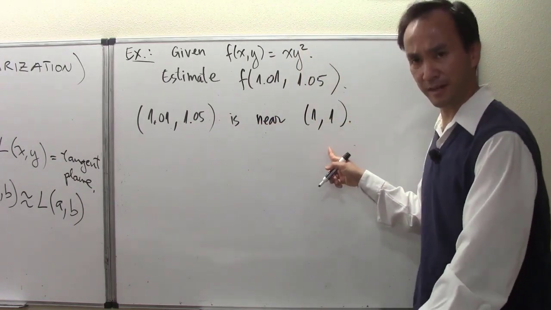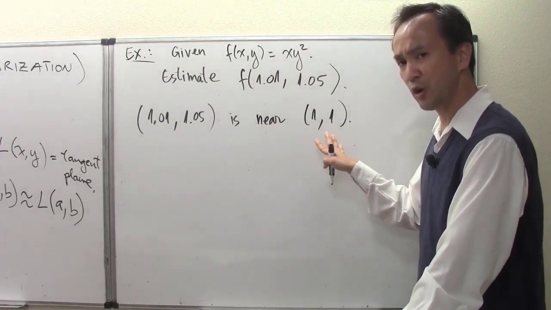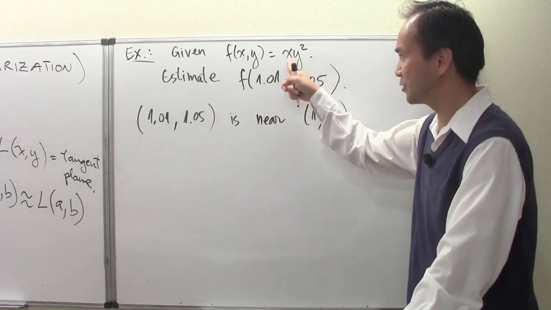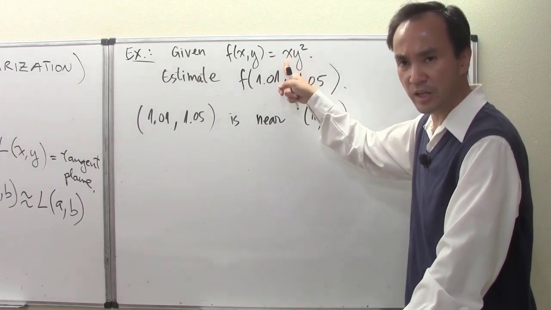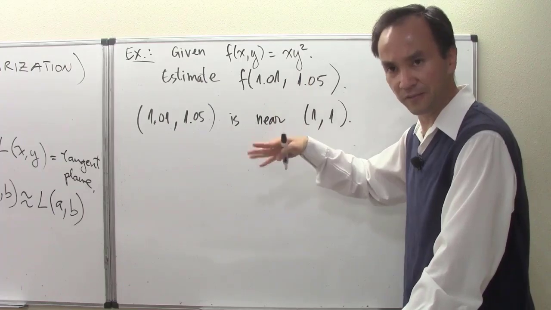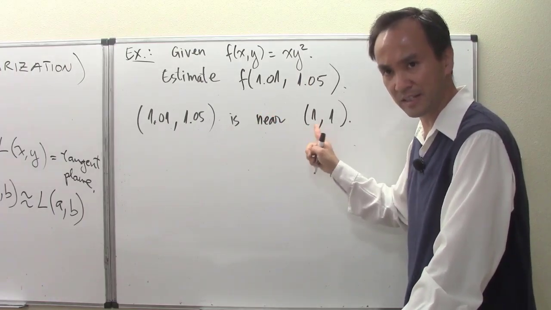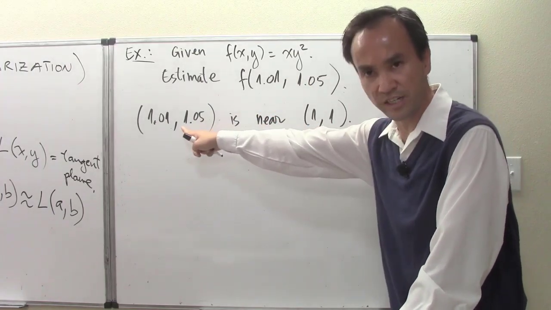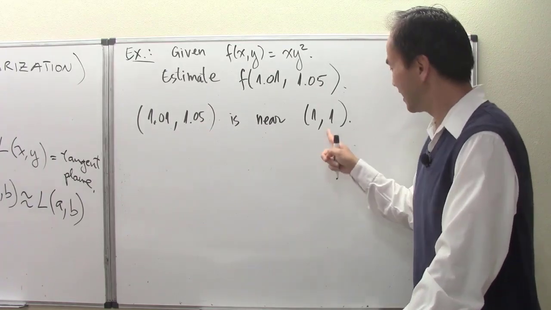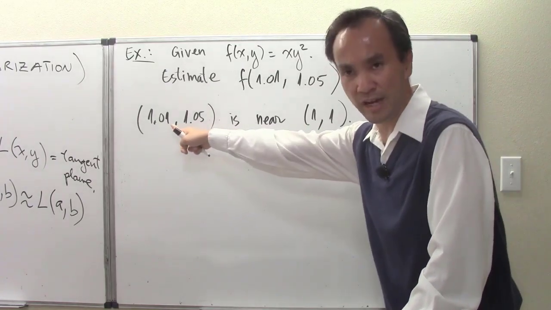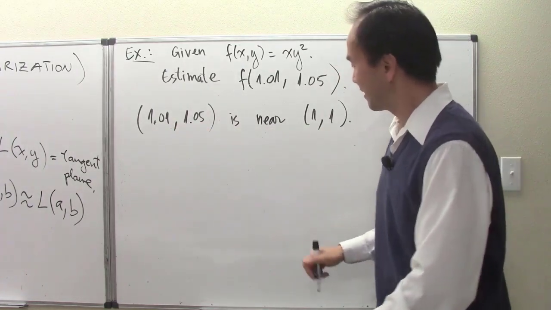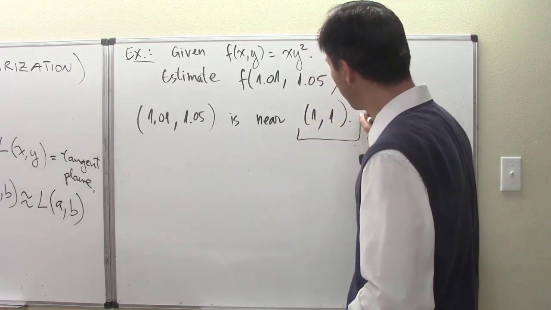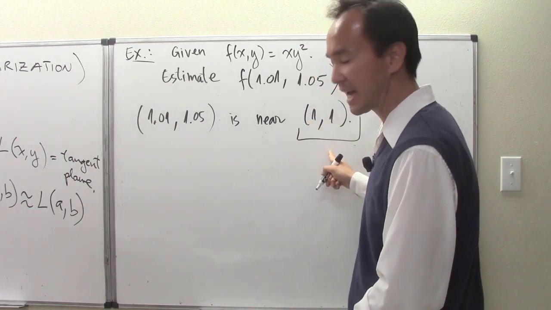The reason I chose this point is it's close and easy for this calculation, easy for finding the tangent line and all of that. So it's a lot easier than working directly with this point, and this point here is quite close to that. Now I'm going to use this point and find a tangent plane at that point.